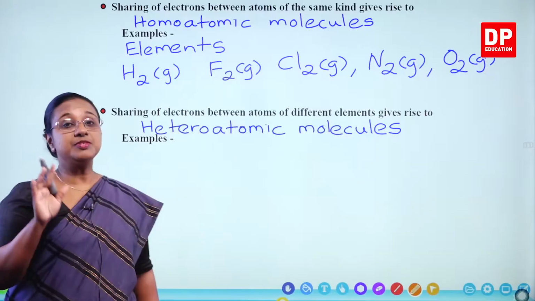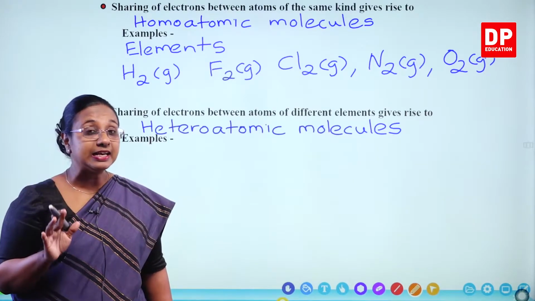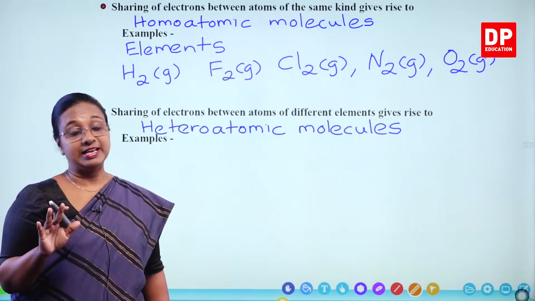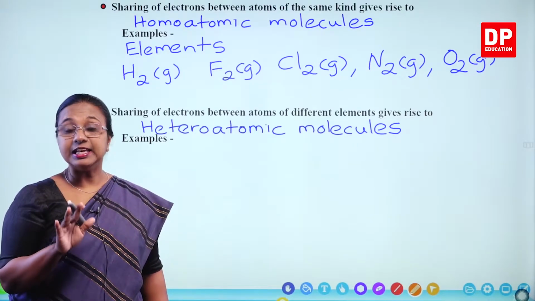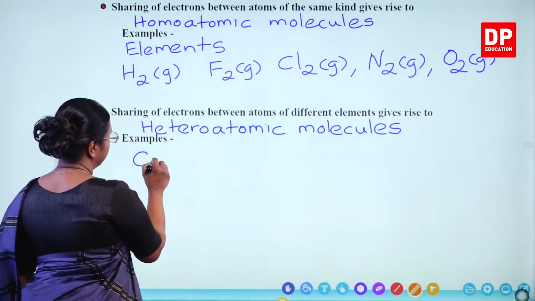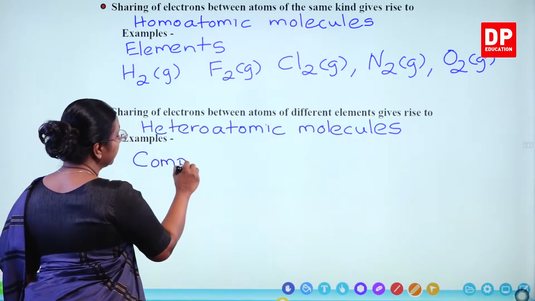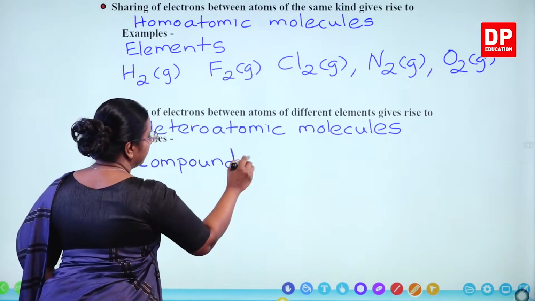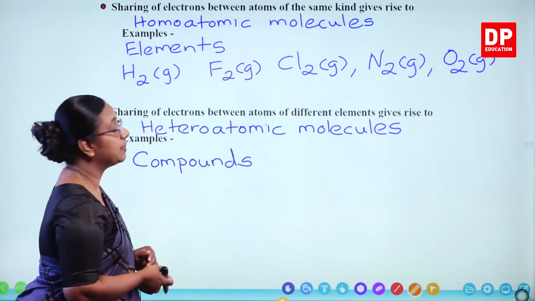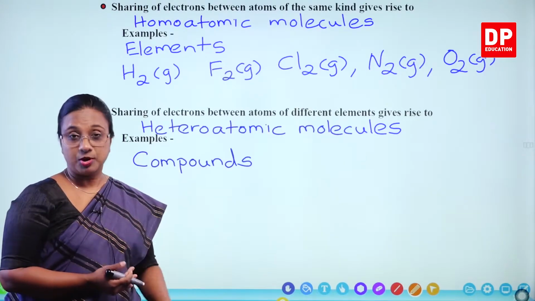These are atoms from different elements and they combine in different ratios based on their valency. That is how we get the chemical formula that you know. So the compounds formed from atoms of different elements are all examples of heteroatomic molecules.